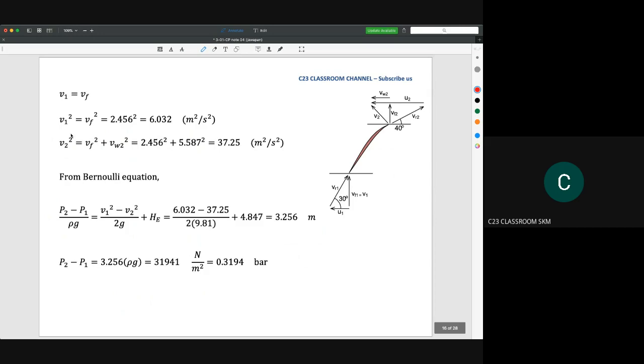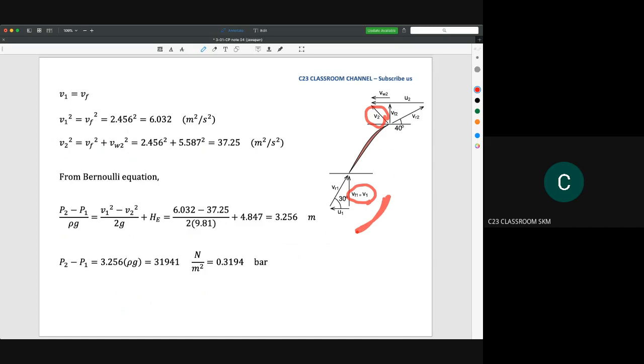And then we need to calculate the value of V1 and V2. Okay, as I said previously, we need to use the actual velocity to be substituted in the Bernoulli equation. So from this velocity triangle, for the first one, it's quite easy because V1 is equal to VF1.